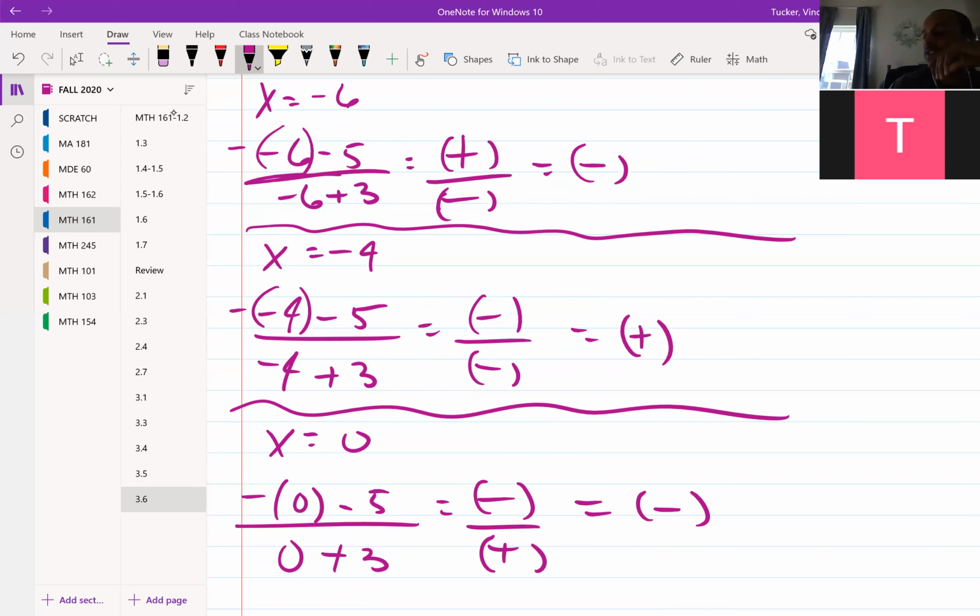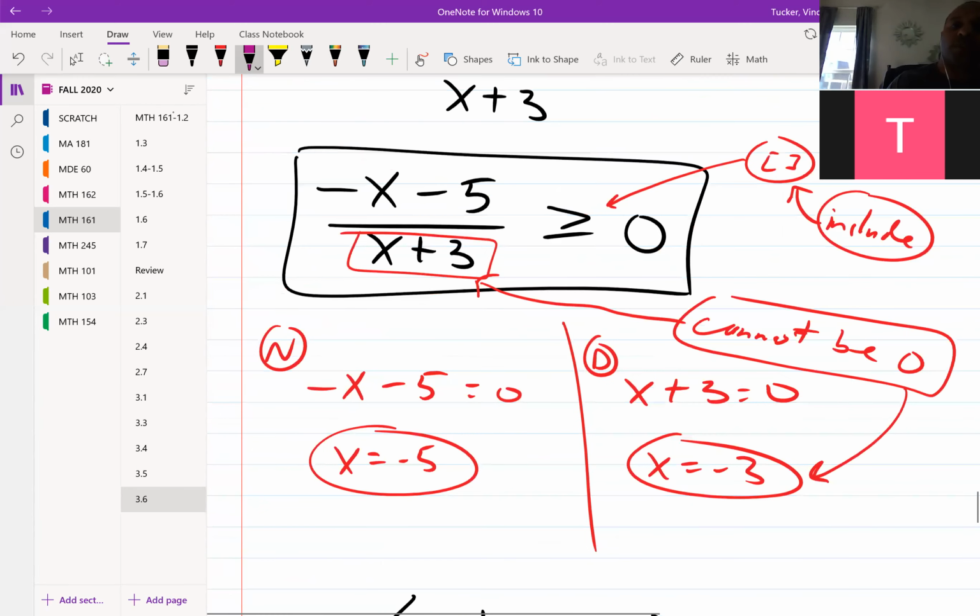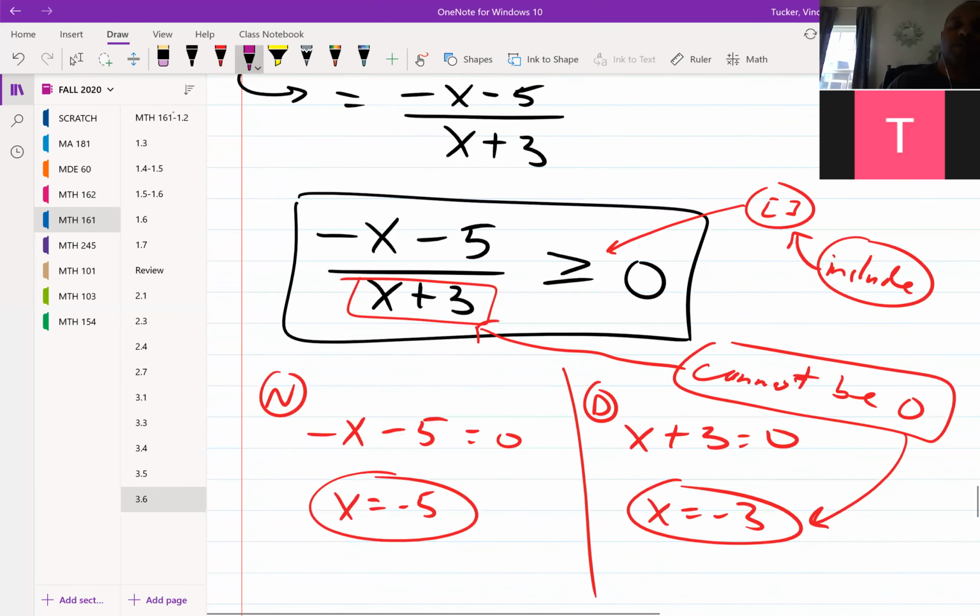All right, questions before we finish it off. All right, so it's negative, positive, negative. We want to know when this expression is positive.